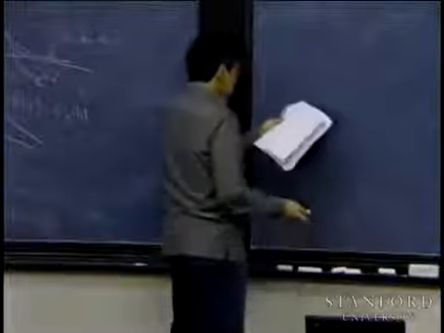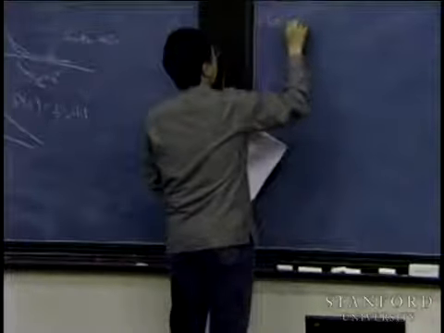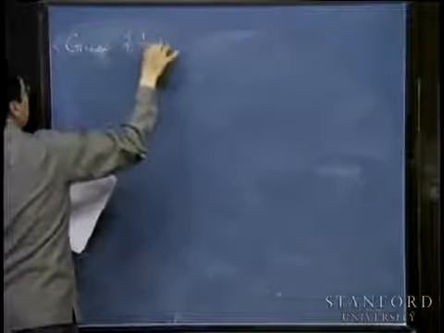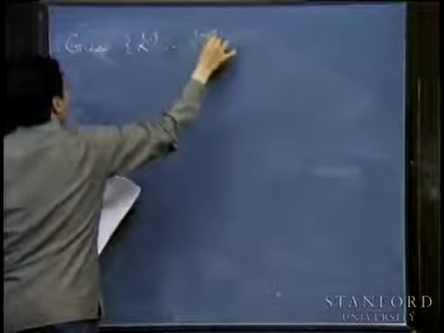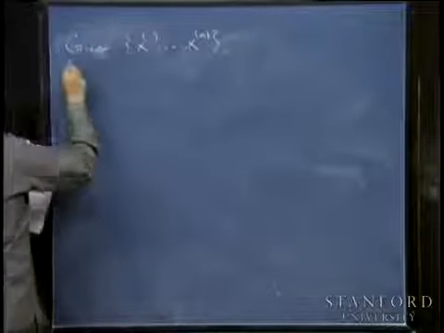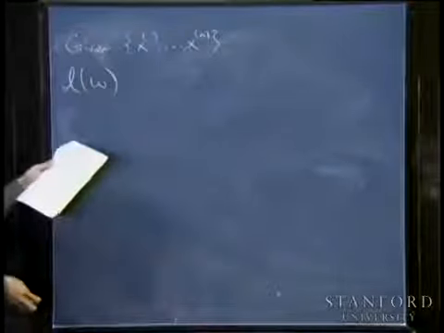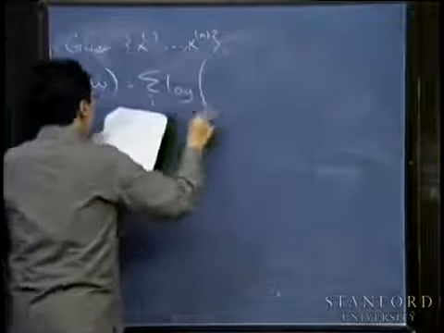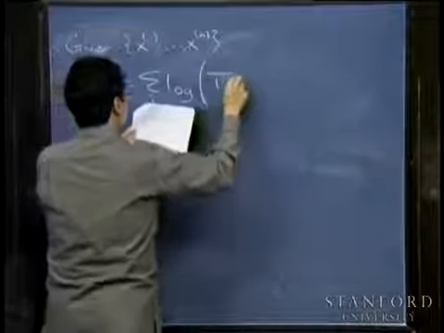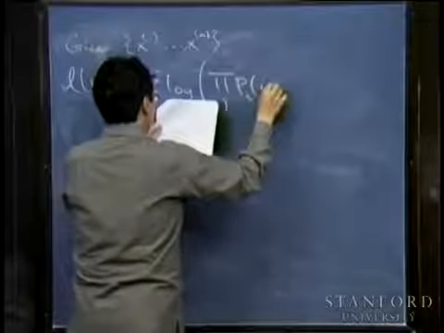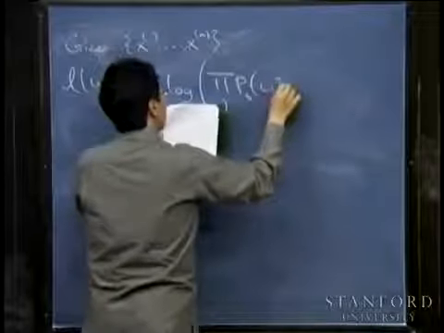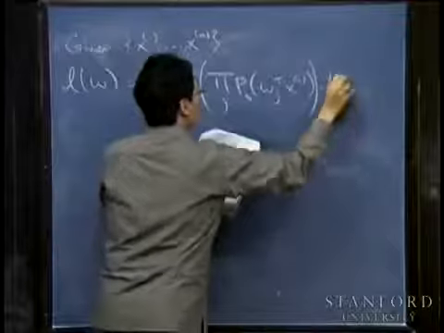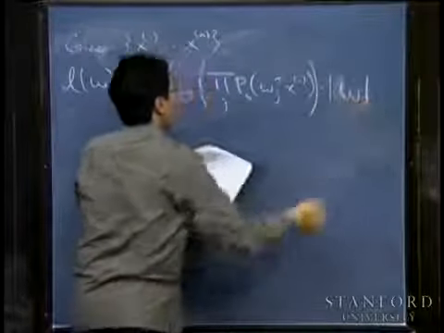But sticking with the sigmoid for now, let me just write down the algorithm in two steps. Given my training set, which as usual is an unlabeled training set, I can write down the log likelihood of my parameters. That's the sum over my training examples of the log of that product, times that.